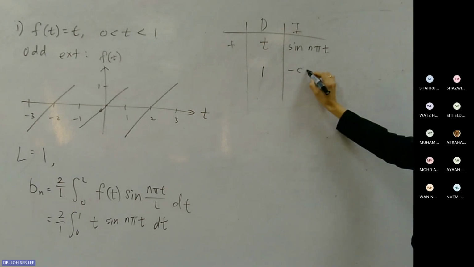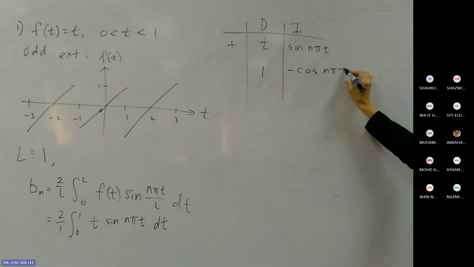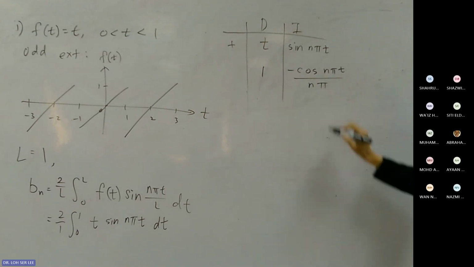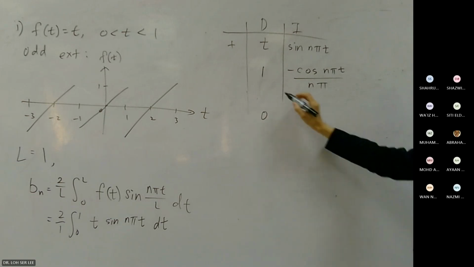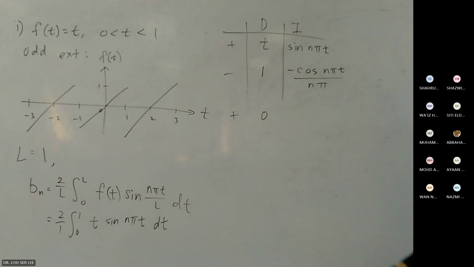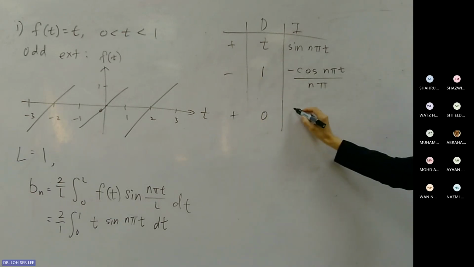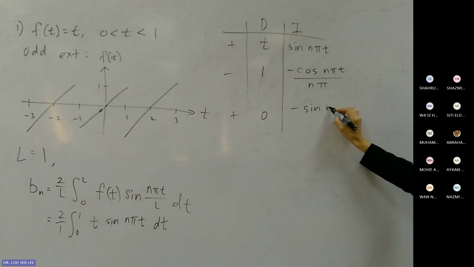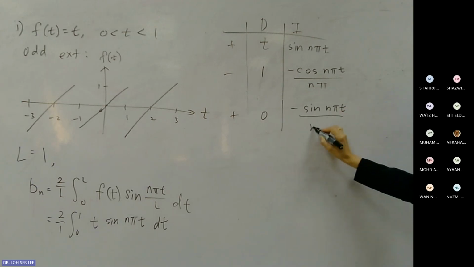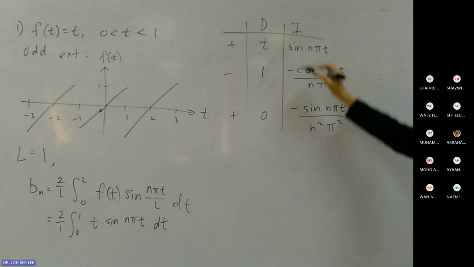Integrate sine, we get negative cos n pi t over n pi. Integrate once again, negative sine n pi t over n squared pi squared.